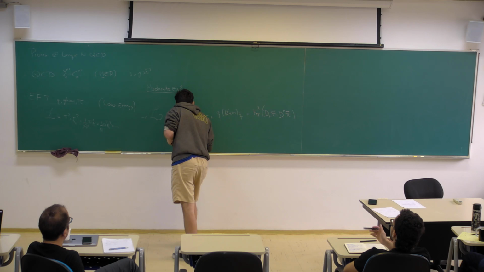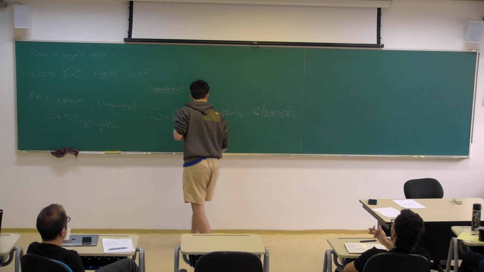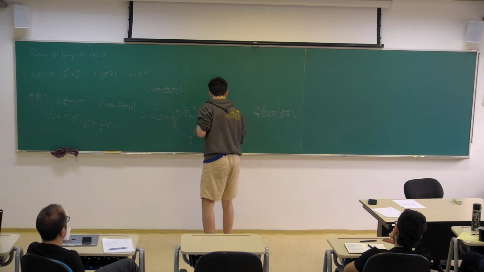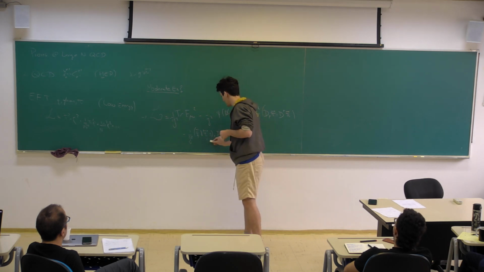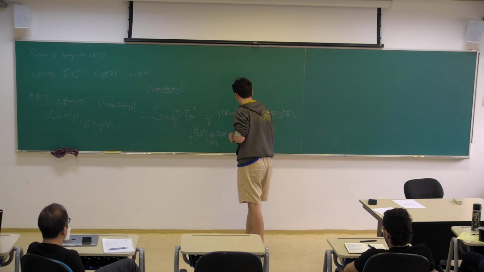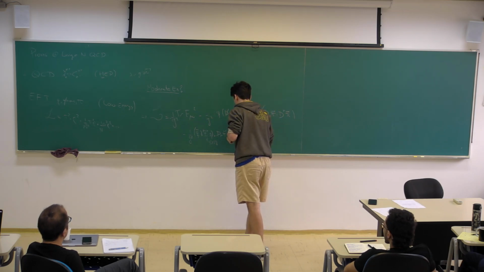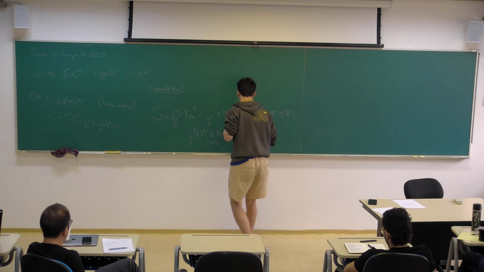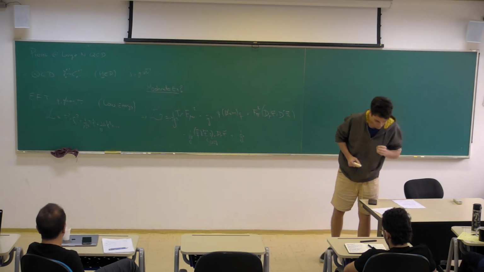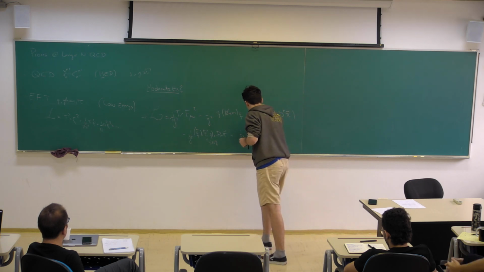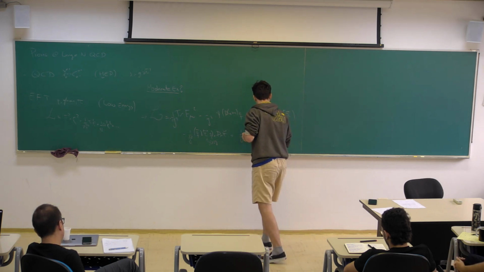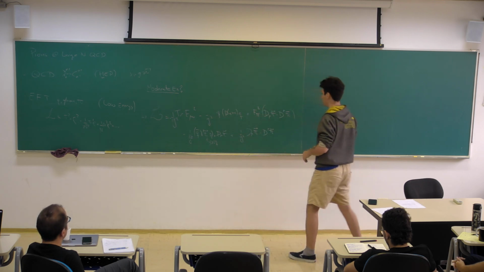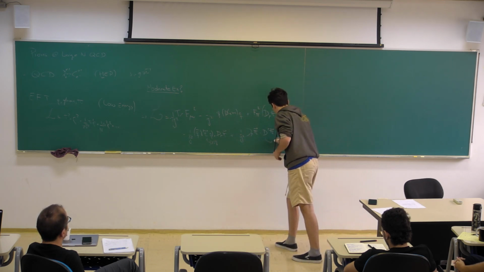And you also have an interaction between quarks and the pion. This is the SU2 flavor matrix. And then you have also this is the covariant derivative of the pion.